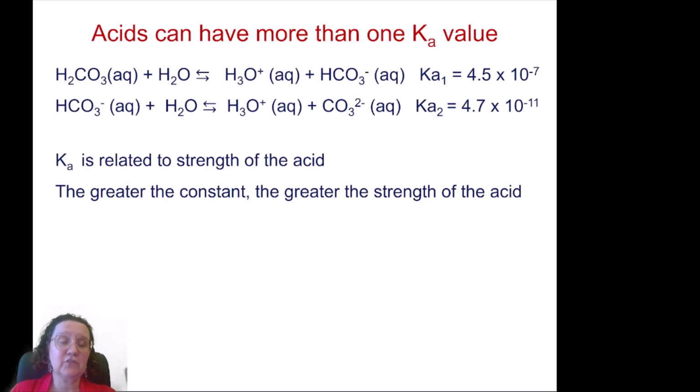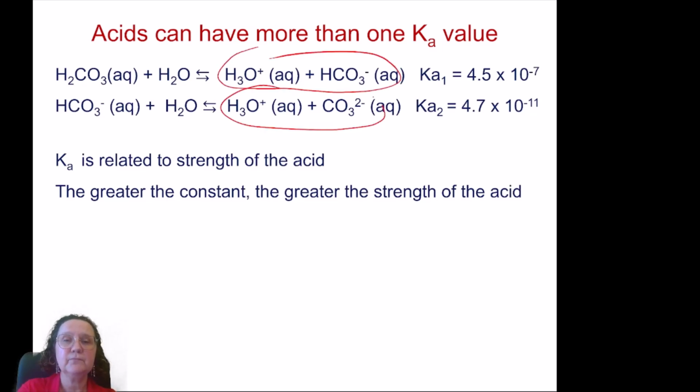As we mentioned before in a previous slide, the acidity constant is related to the strength of the acid. The greater the constant, the more product you've got. So that means the greater the strength of the acid. Keeping in mind that they are all weak because they have an acidity constant, but within being weak, there are slightly stronger ones than others.